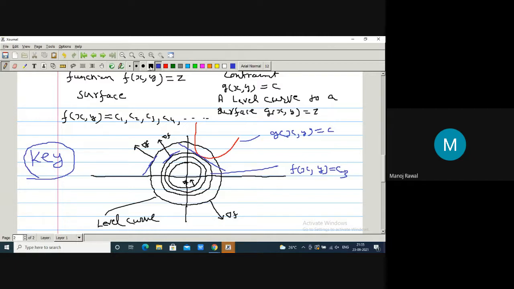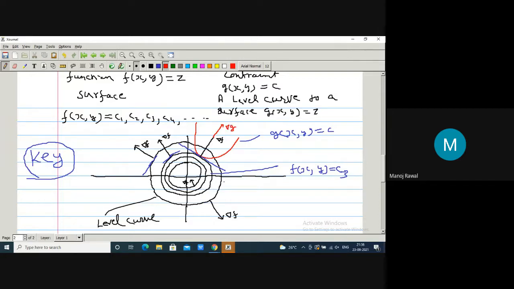All the books prove it, but they don't talk about all this geometry. So what I say is that at black you will have some del f, and at red you are going to have normal del g. But since they are in the same direction, the direction I cannot change, so this is going to be some del g.